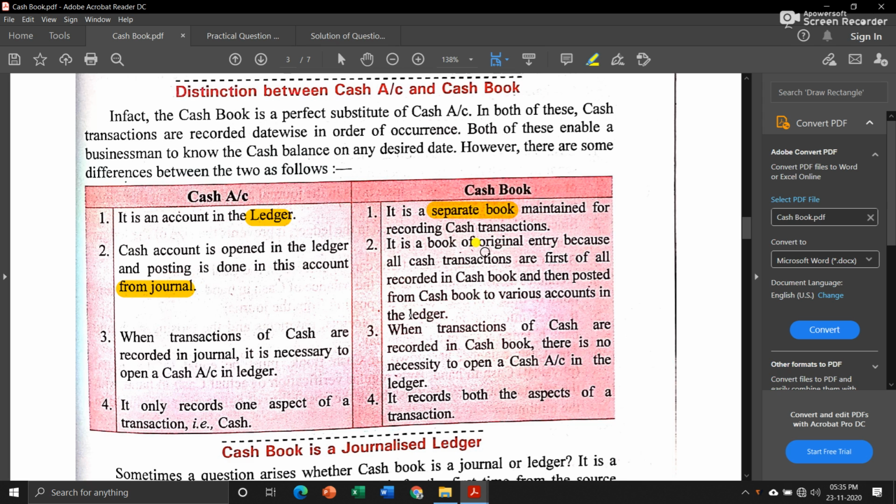Cash book is a book of original entry because we record all the cash transactions first of all in cash book, and then from there we transfer them to the ledger.